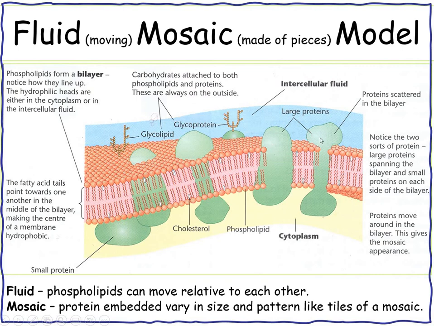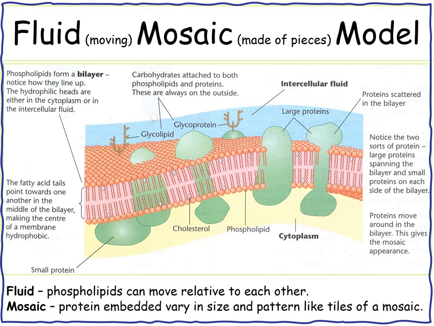You've got some large proteins which span the whole membrane, which are called intrinsic proteins. So there are two sorts of proteins: large proteins that span the bilayer, and small proteins on each side of the bilayer, so they would be your extrinsic ones, but the ones that go through are your intrinsic ones.